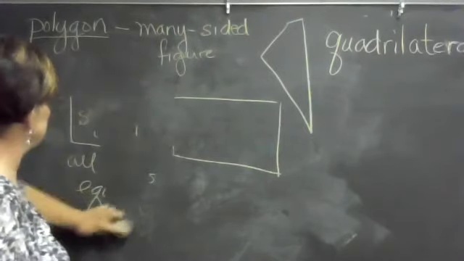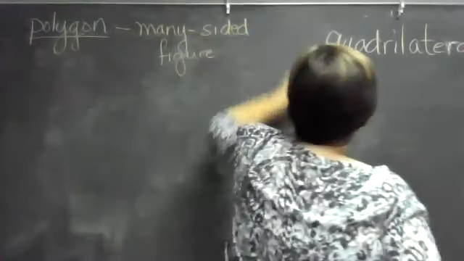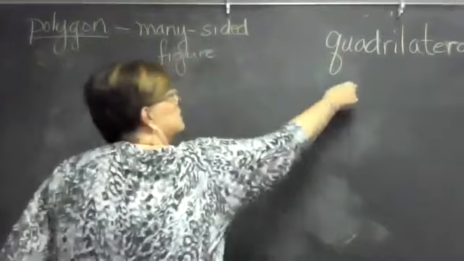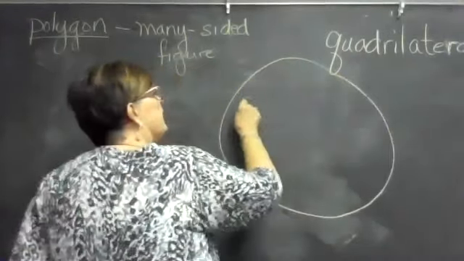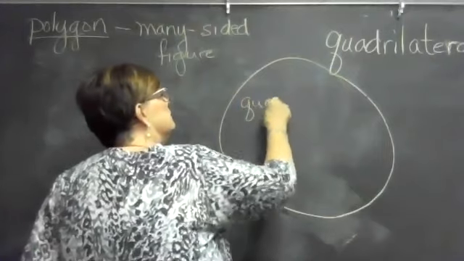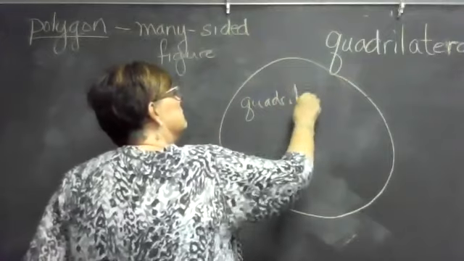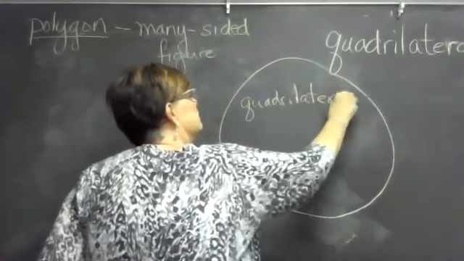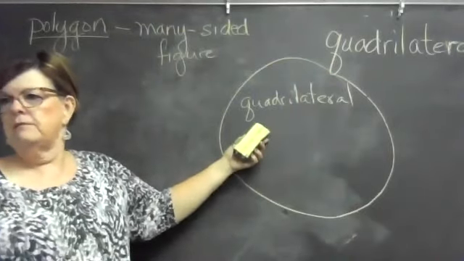Let's do this. Okay. Let's say this is a whole group of quadrilaterals. Everything in here is a four-sided figure, right?